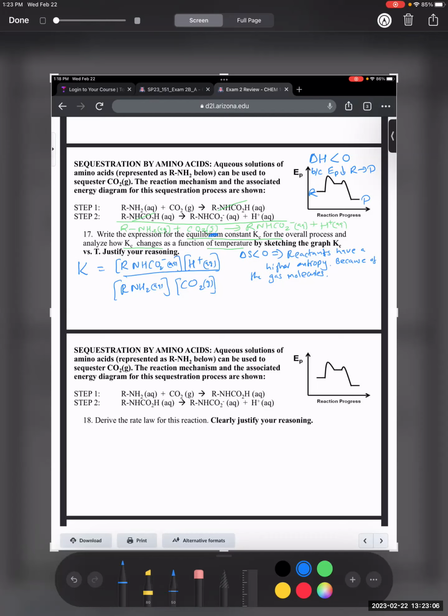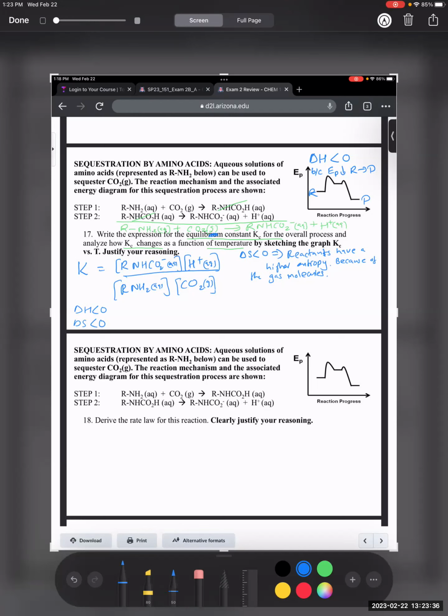Okay, and if that is the case, we know that our delta H is negative and delta S is negative. Therefore, this is going to be a temperature dependent reaction because potential energy favors the products, but the entropy favors the reactants. As a result, this is going to be product favored only at low temperatures.